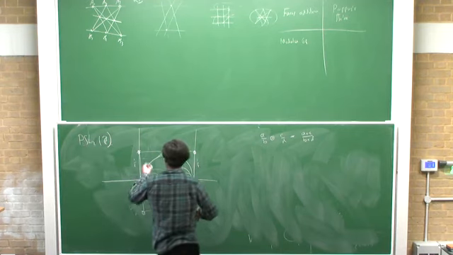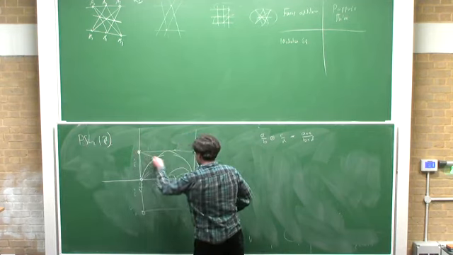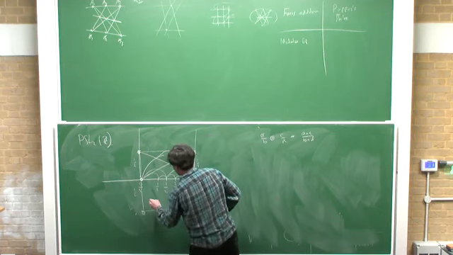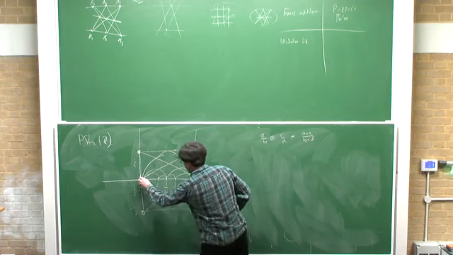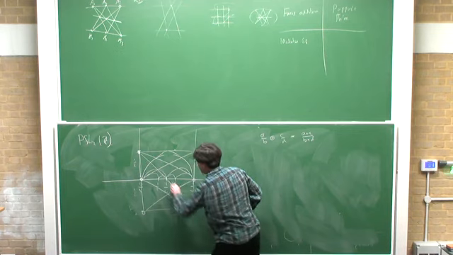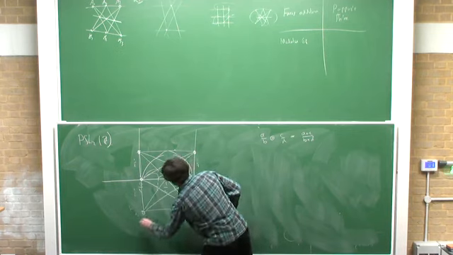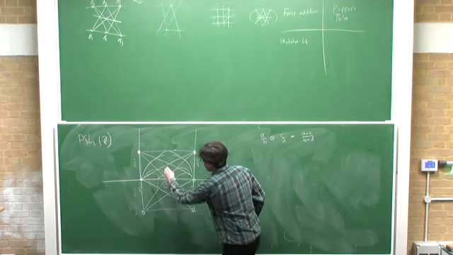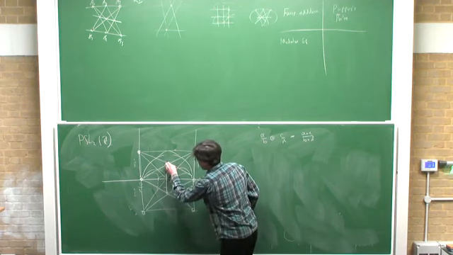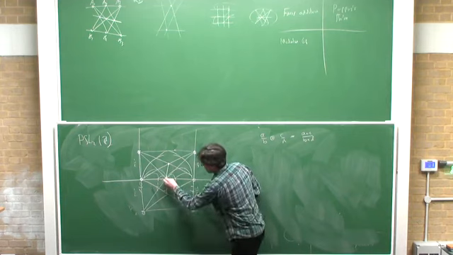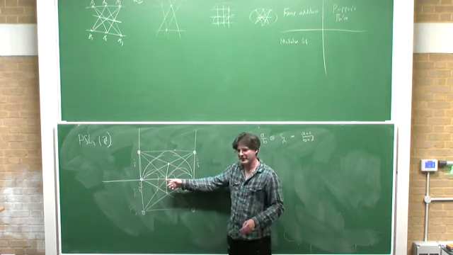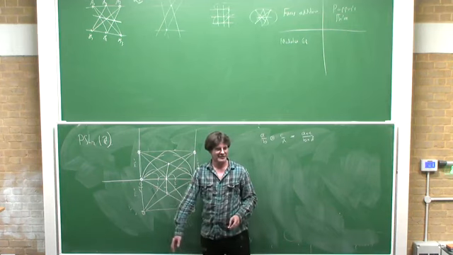So now you do Pappus's theorem. And sure enough, the point you reach is the Farey sum of the two endpoints.